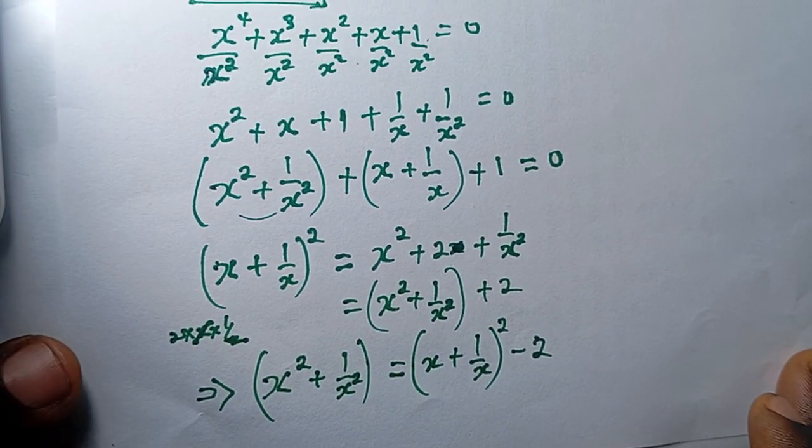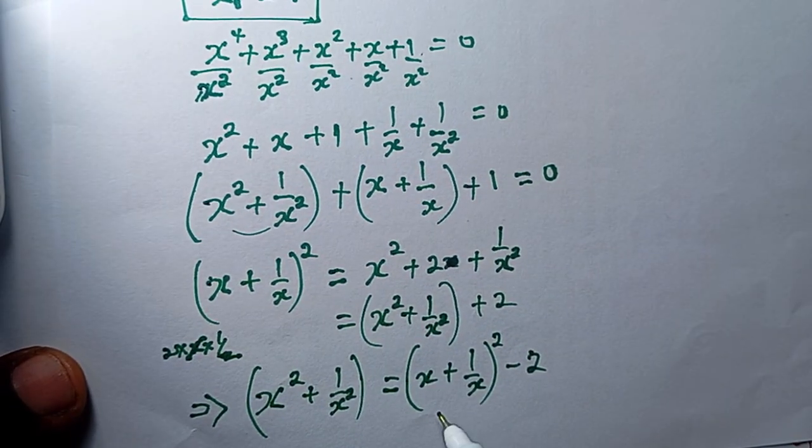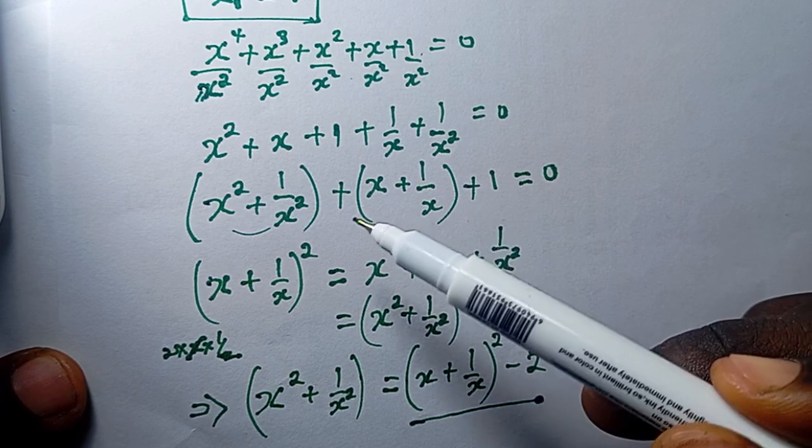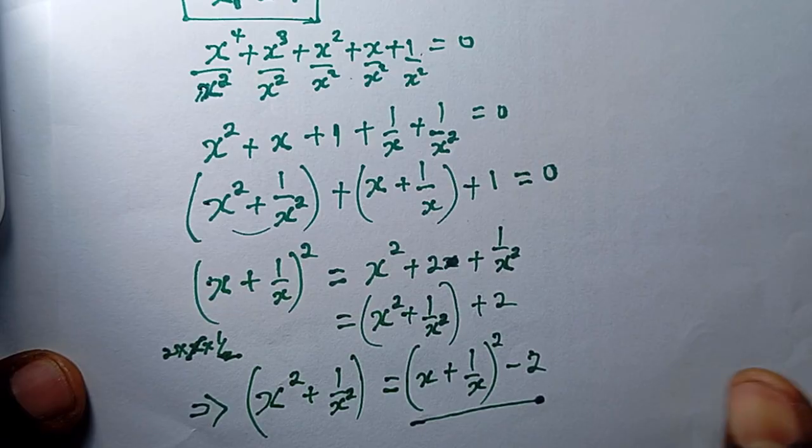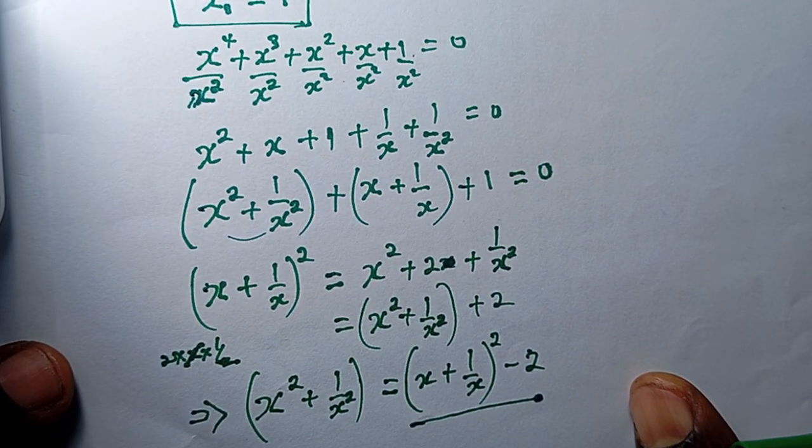So what I'm going to do is actually to carry this expression here, and then I'll substitute for this x squared plus 1 over x squared.